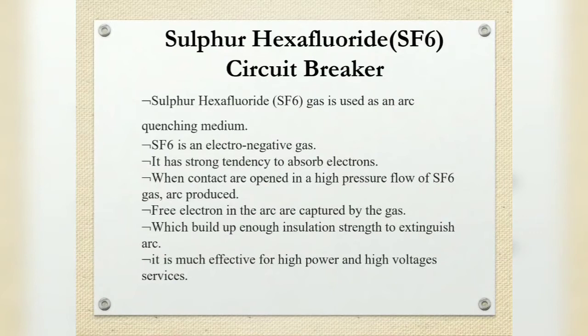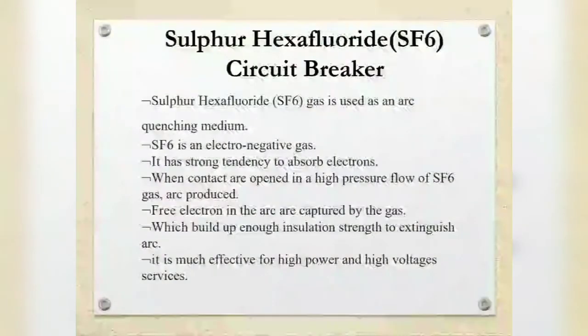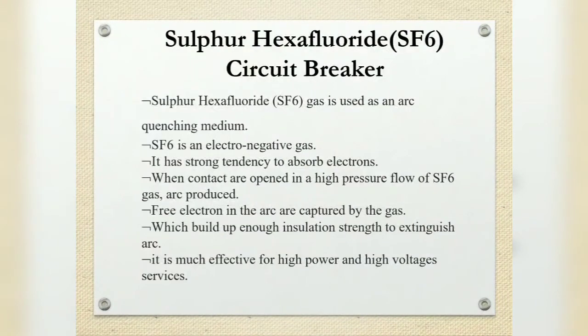SF6 gas is strongly electronegative, which means the free electrons are easily removed from the discharge by the formation of negative ions. It has the unique property of fast recombination after the source energizing spark is removed.